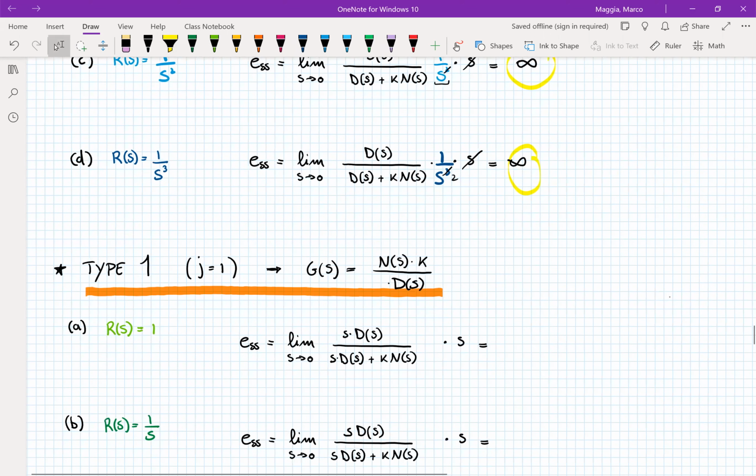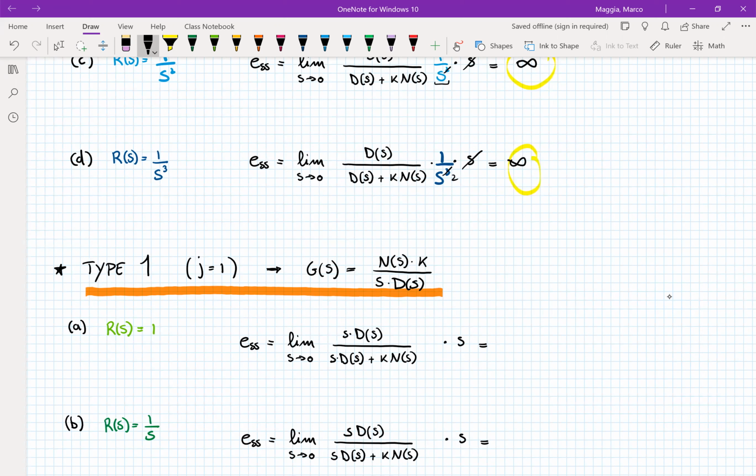What if we upgrade the type to 1? Well, in this case, we have that g of s is equal to n of s times k over s times d of s.